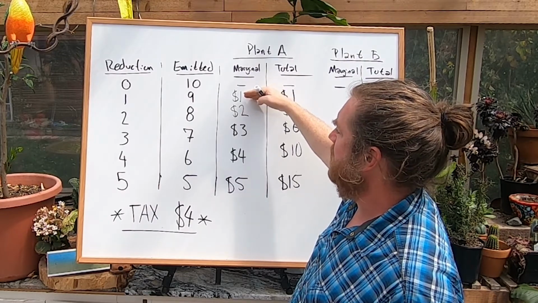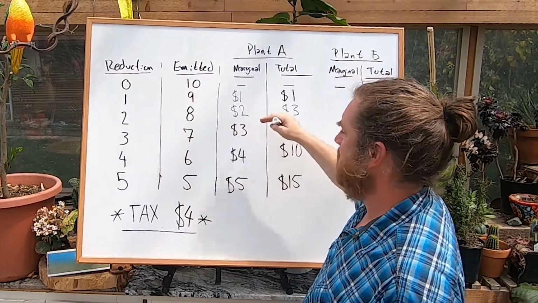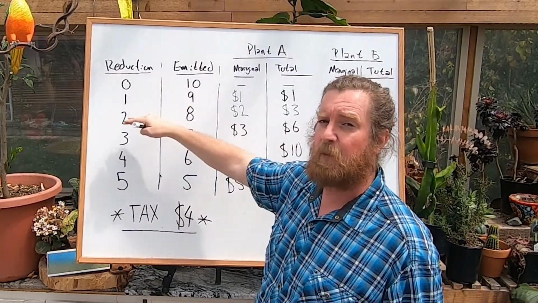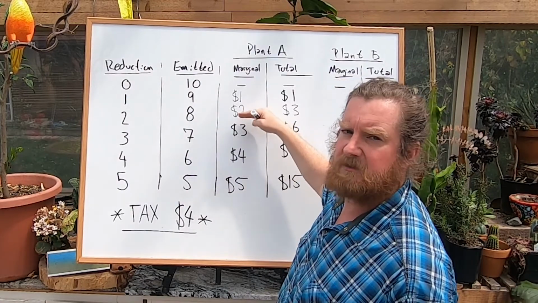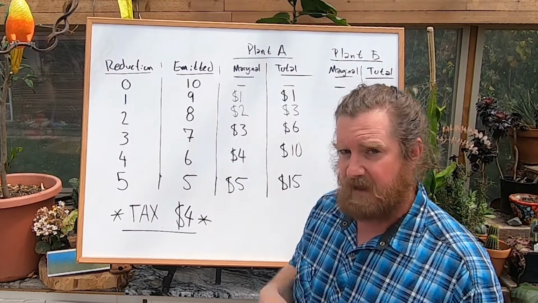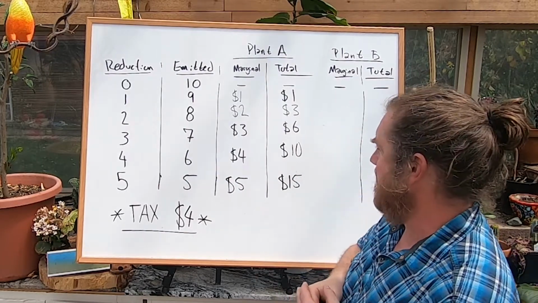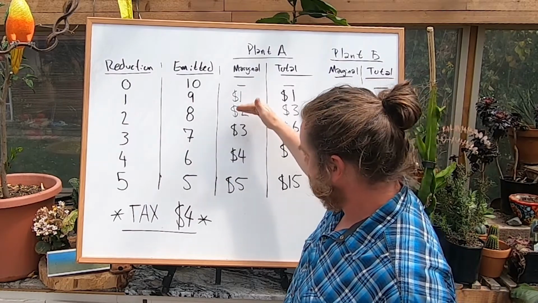So now, when we go to reduce our second ton of CO2, again, we're going to save $4 by doing that, and that's going to cost us $2 to get rid of that second ton. So now we've saved $8 in taxing, right? So our tax bill has gone down.